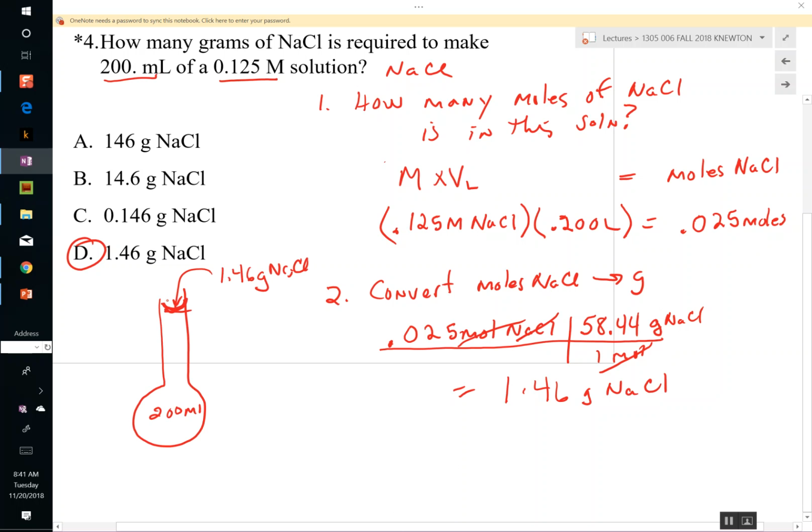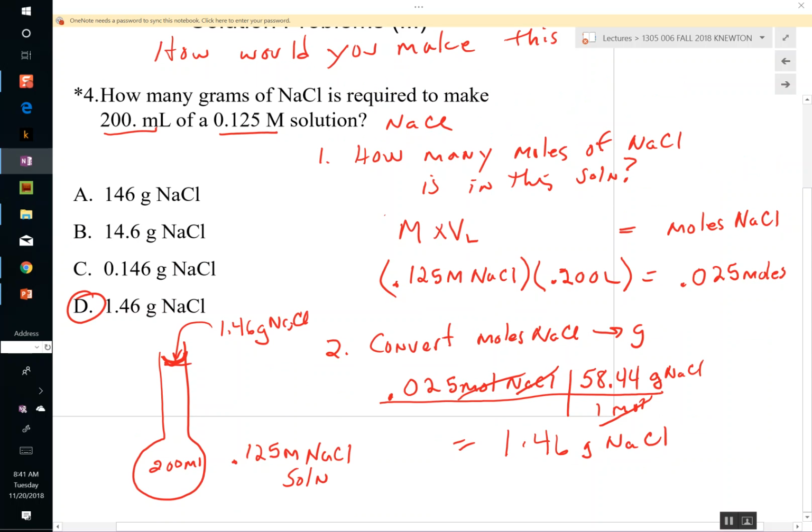Let that NaCl dissolve in there, and I would have a 0.125 molar NaCl solution. Okay, you with me? So that's how you can use this equation. This is a really important equation. Whenever you see a question like this, it says how many grams of NaCl is required, or how many grams of NaCl is in this solution.